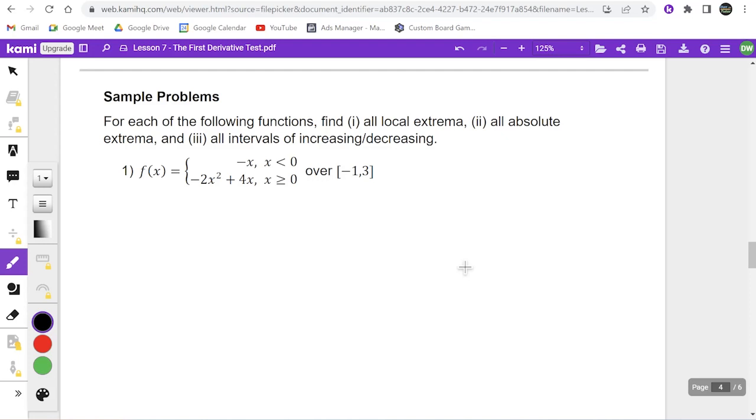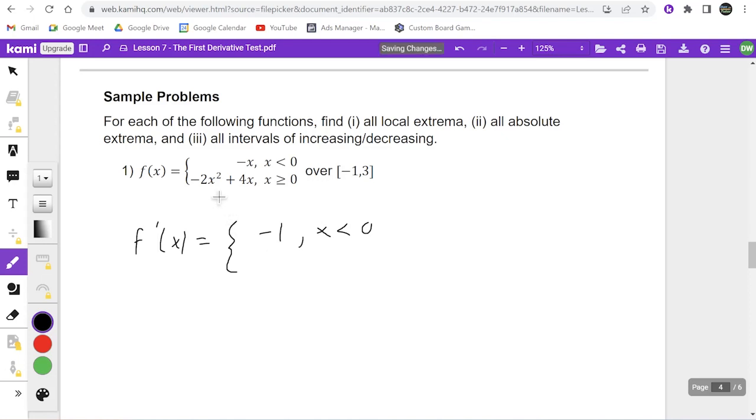I'm going to answer this in the order I choose to. I'm probably not going to go in the order I said here. It does not matter. Here's what I'm going to say. Step 1, find the derivative. This is a piecewise function. I believe we talked about how to find the derivative of a piecewise function last week, I think it was, when we talked about complex derivatives. Anyways, the derivative of negative x is just negative 1, and that's when x is less than 0.